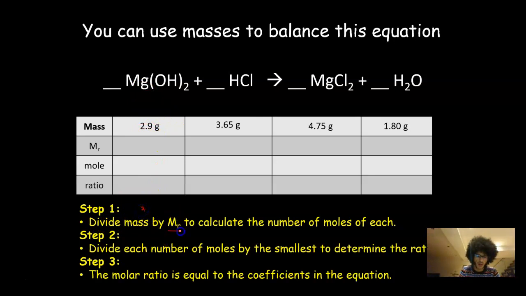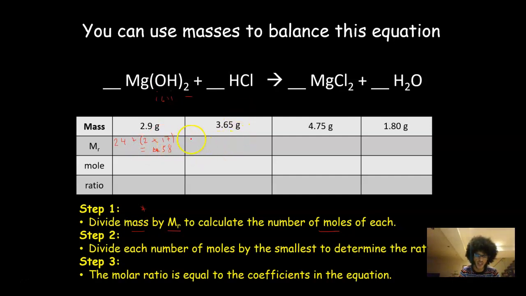I need Mr information to work out the moles, doing the division by the mass. So my Mr for Mg(OH)2 is 24 and it's 2 lots, because of this 2, of 16 plus 1, which is basically 17. So it's 2 lots of 17, which is 34, and that's 58.